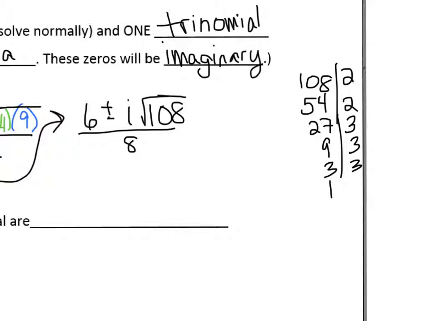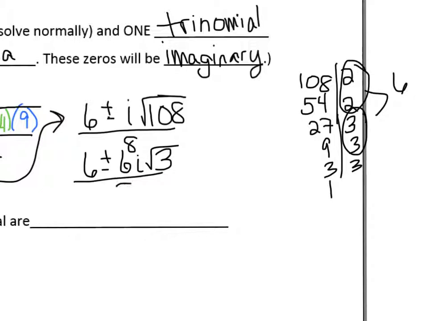Remember, we circle our pairs. They have buddies, so they're allowed to go play outside. So 2 times 3 becomes 6. So we have 6 with the i on the outside and the 3 left over 8.